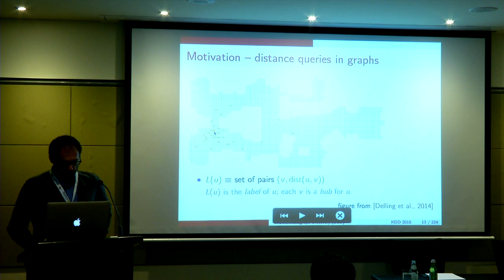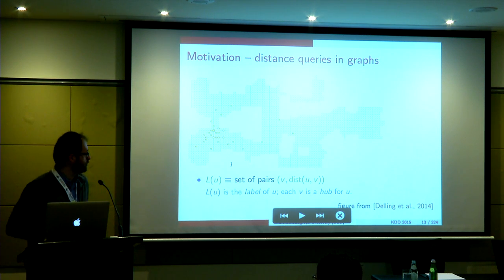Okay, so for that node, I keep a set of other nodes. So these would be the yellow circular nodes. So all of these nodes are kept as labels for this U, for this square node. So these are the landmarks with respect to that node, right?